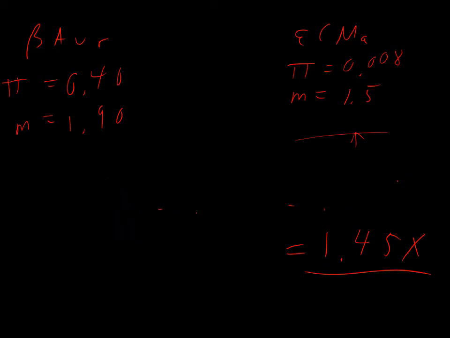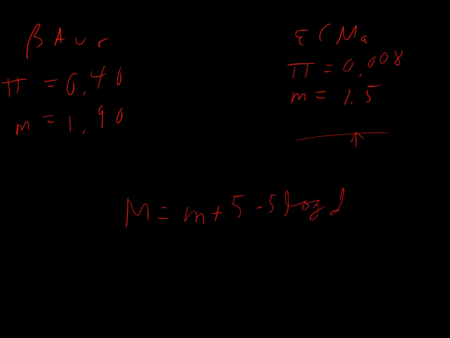What about absolute magnitudes? So what are the absolute magnitudes of these stars right here? So now let's look at how to find absolute magnitudes. We know that M equals apparent magnitude plus 5 minus 5 times the log of the distance. So what we have to do is find the distance.